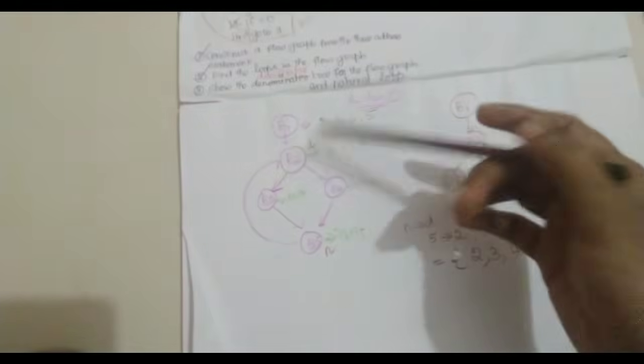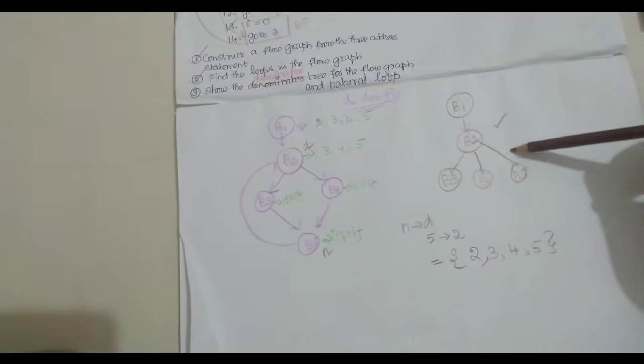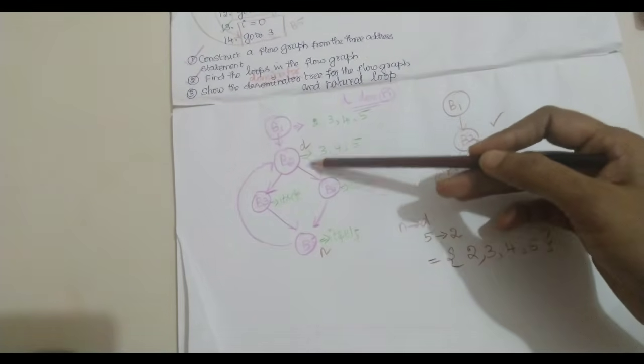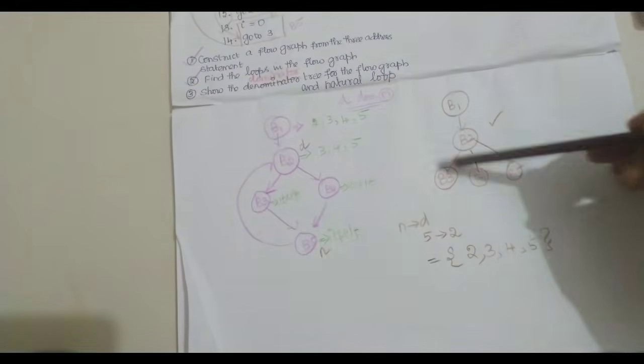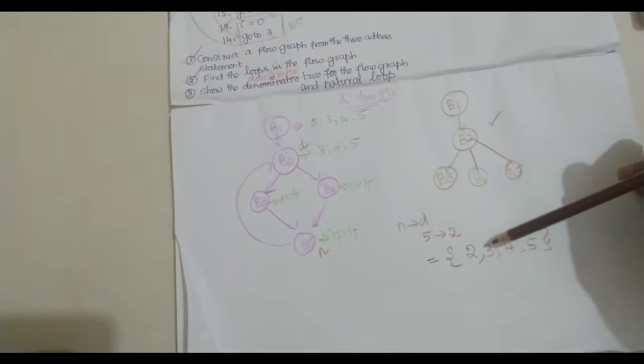The next is the dominator tree: you have to construct a dominator tree from the flow graph, and we have seen how. And then the natural loop: what a natural loop is, and the rule for writing it out. These are all the things we have seen.